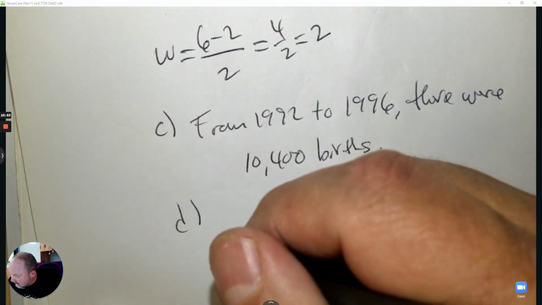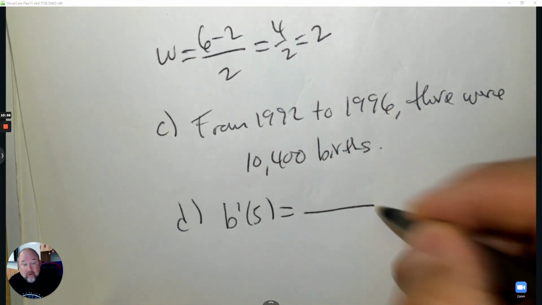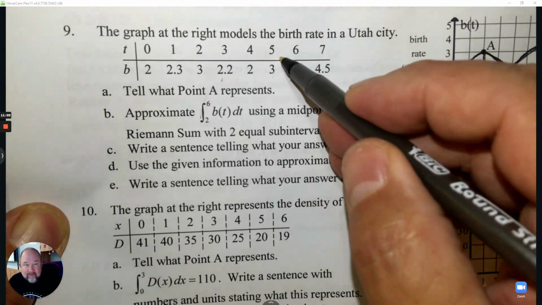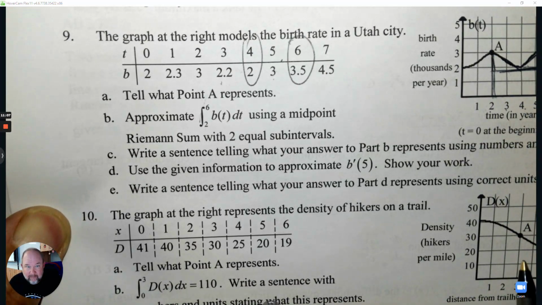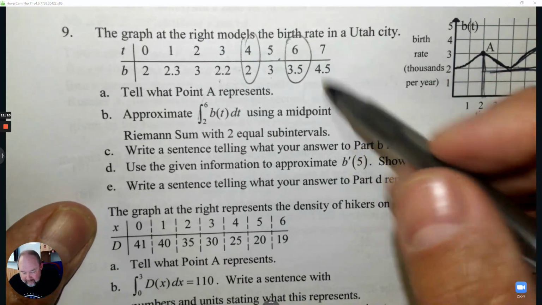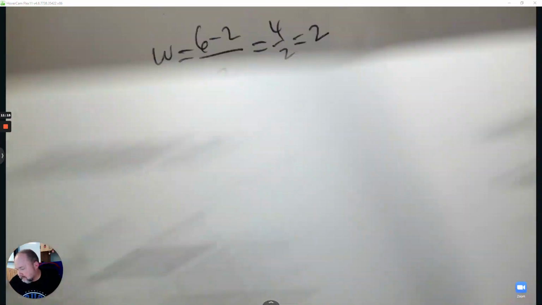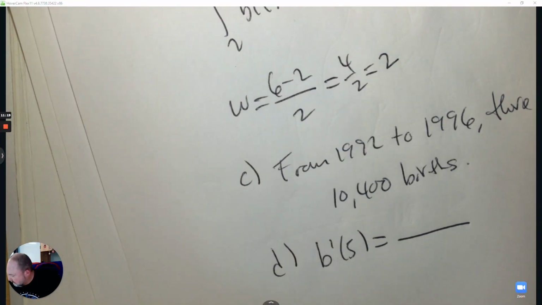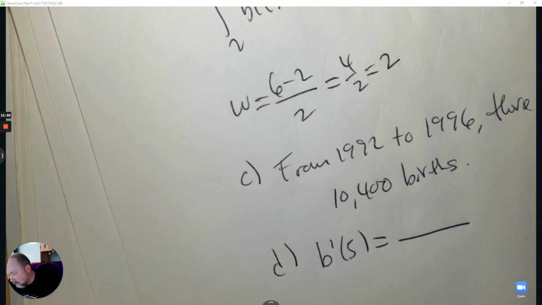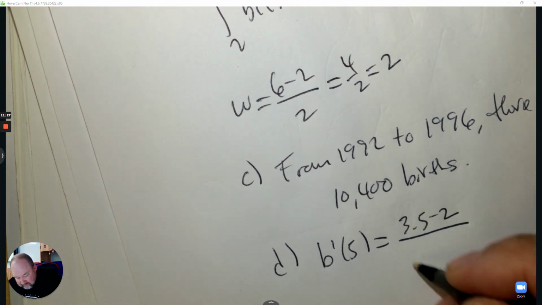Part D, use the information to approximate the derivative at 5. To approximate the derivative, it's slope. So if I want to know the derivative at 5, I'm going to find the slope around 5. So 3.5 take away 2, and on the bottom, 6 take away 4.